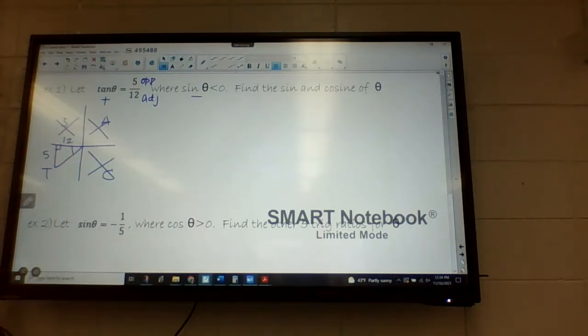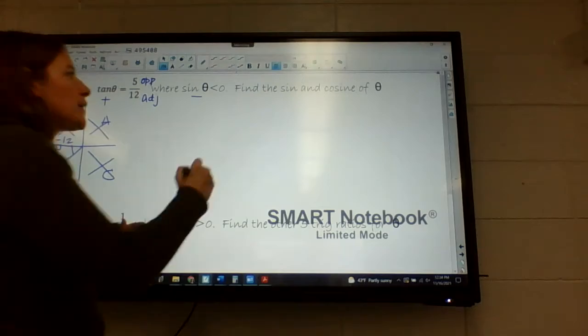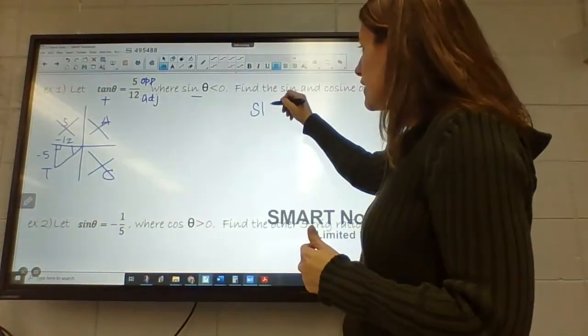Now, in this quadrant, shouldn't both of those be negative? You would say so, but why did this end up being positive? Two negatives make a positive, so it makes sense that they're negative there, but they end up being positive in my fraction. Now I want to figure out what sine and cosine are of theta.